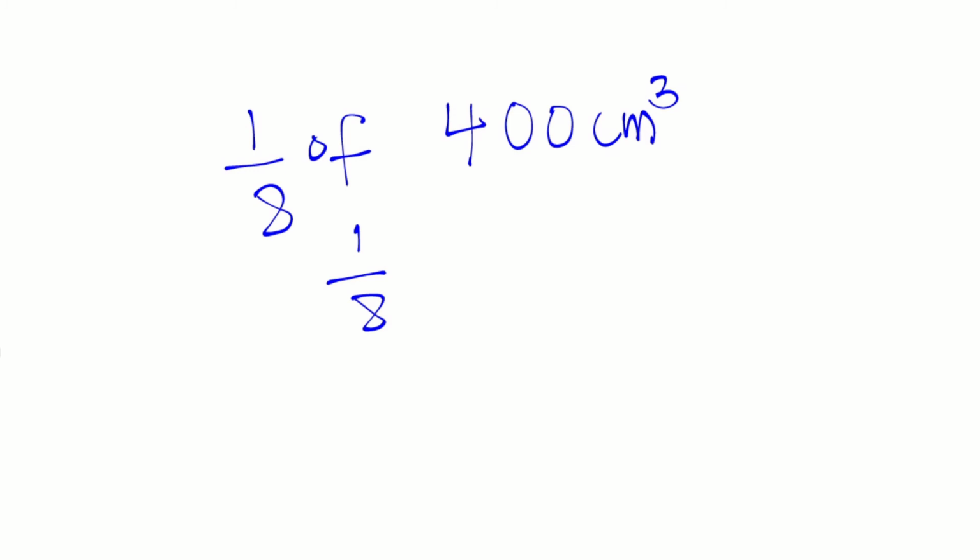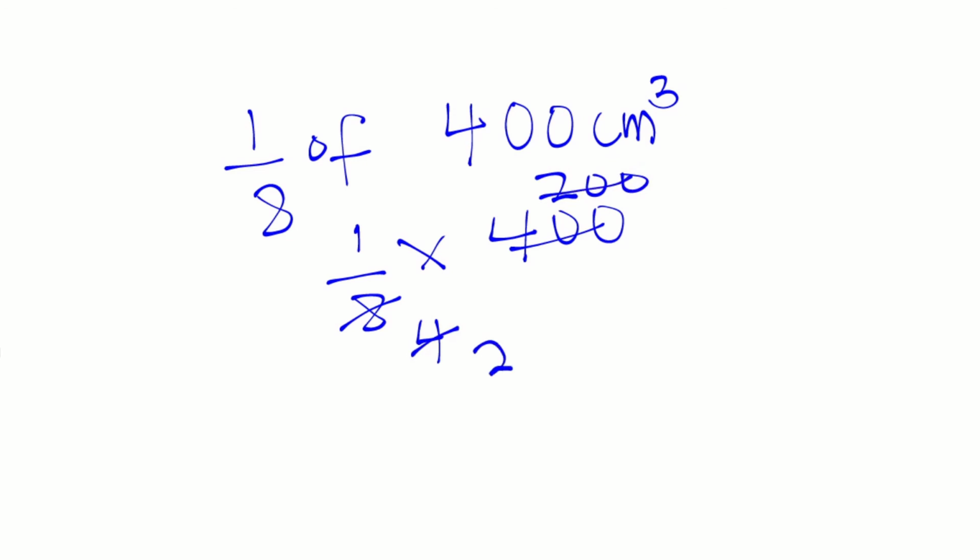So 1 over 8 multiplied by 400. 2 cancels 8, 4. 2 cancels 400, 200. 2 cancels 4, 2. 2 cancels 200, 100. 2 cancels itself 1. 2 cancels 100, 50. So 1 over 8 of 400 centimeters cube is 50 centimeters cube.